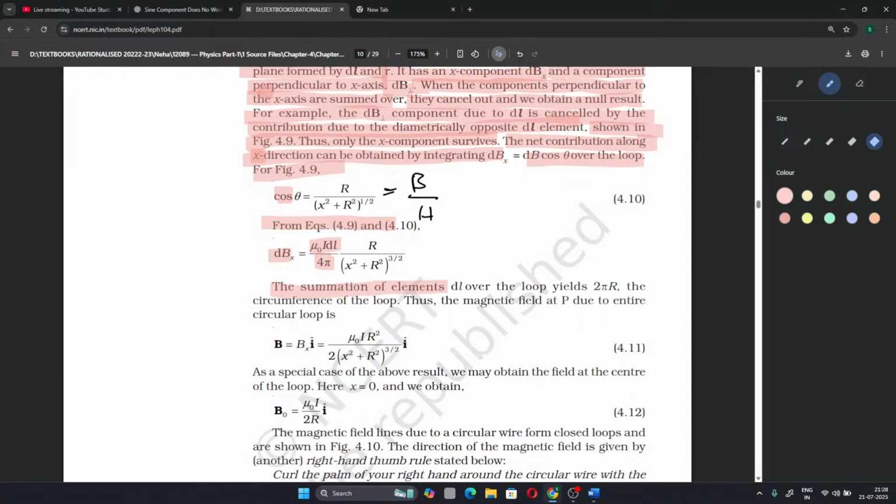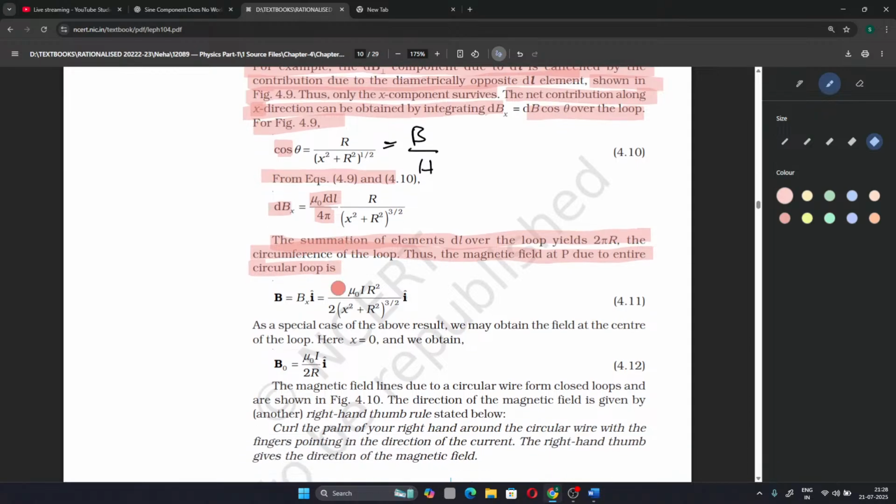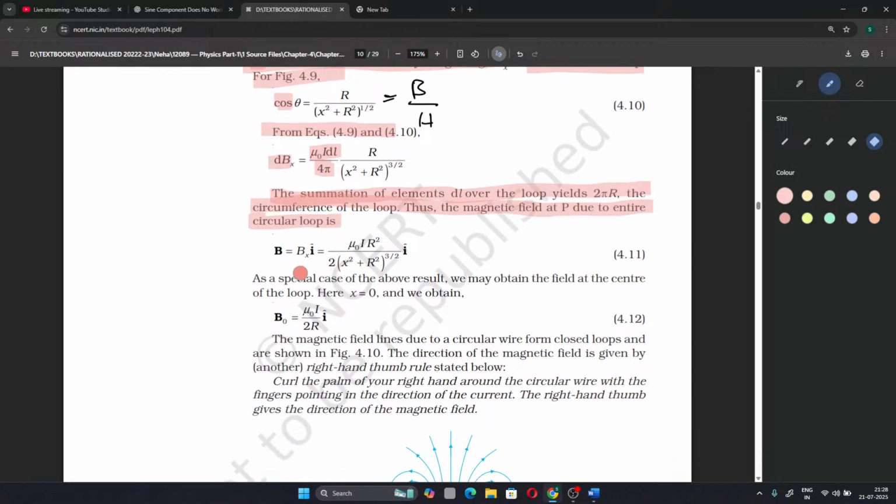Now the summation of elements dl over the loop yields 2 pi r, the circumference of the loop. Thus the magnitude at P due to the entire circle or loop is B equals B x, I cap, mu naught I r square by 2 times x square plus r square whole to the power 3 by 2.